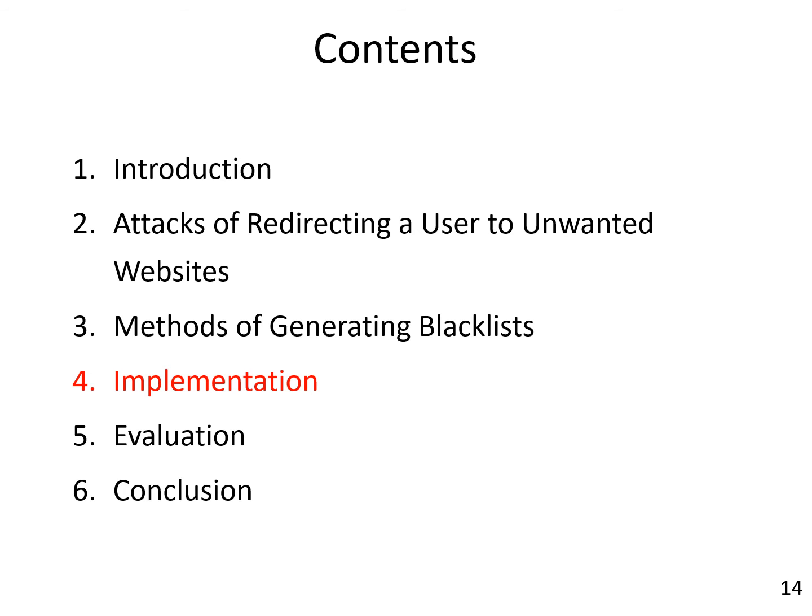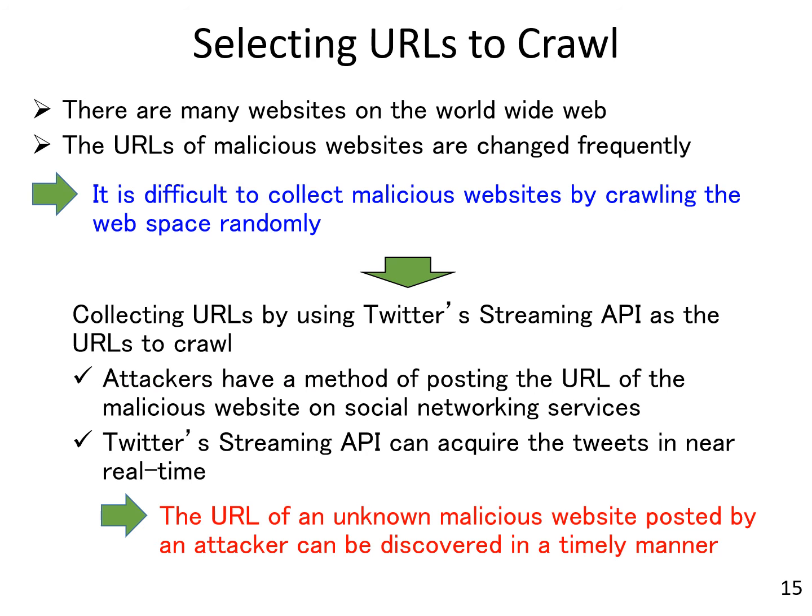Next, I will explain about implementation. There are many websites on the World Wide Web, and the URLs of malicious websites are changed frequently. So it is difficult to collect malicious websites by crawling the web space randomly. Thus, we collect URLs to crawl by using Twitter's streaming API.